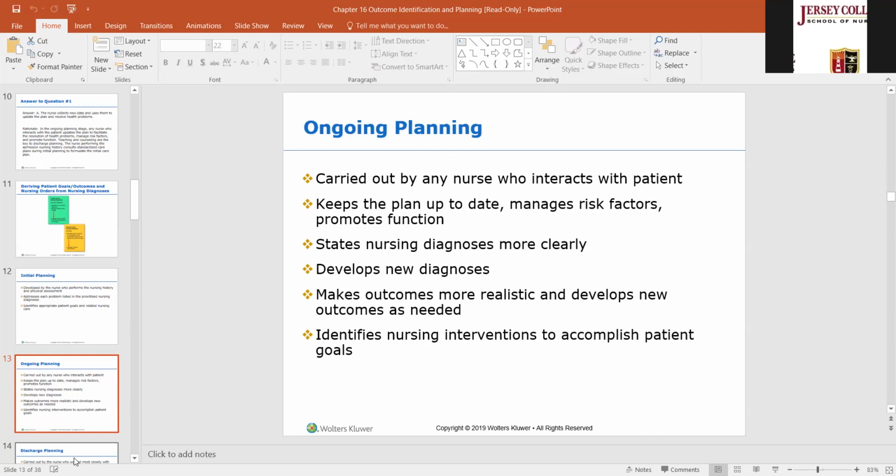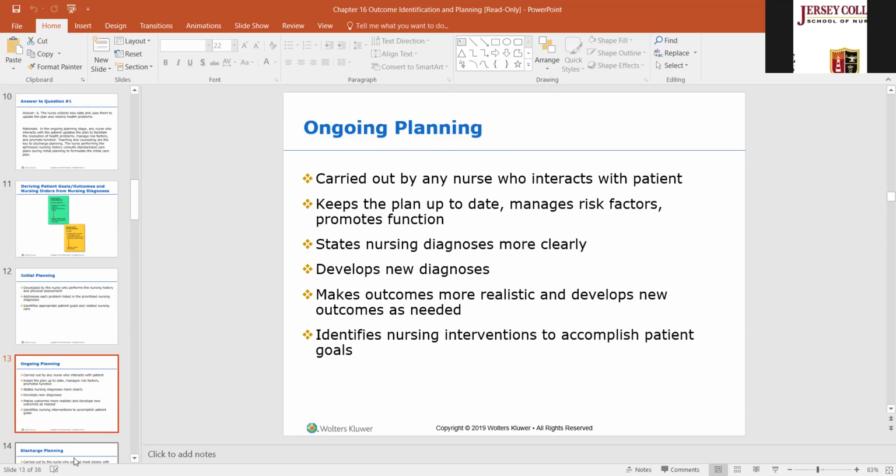So if my patient is supposed to understand that he's to remain NPO until the swallowing study is done, then I have to make sure of a few things. One, that the call bell is at his side. Two, that he understands that he can't have anything to eat or drink until that time frame.